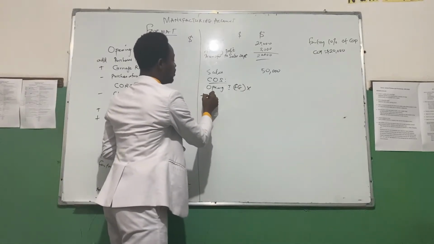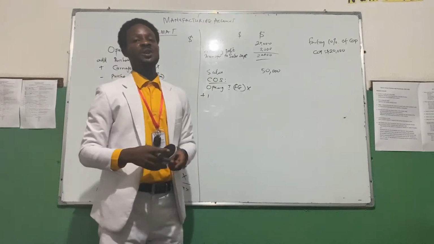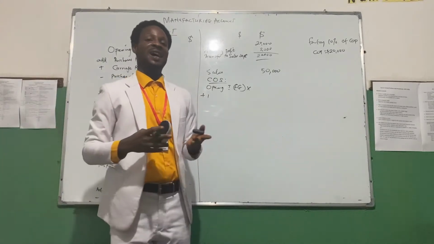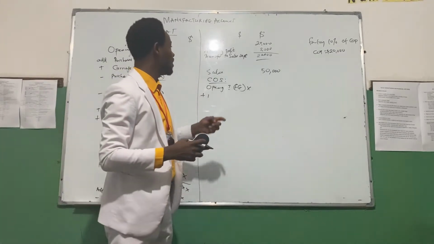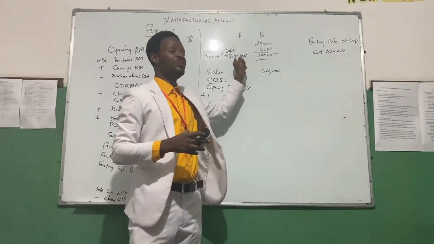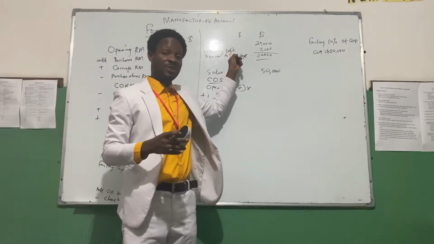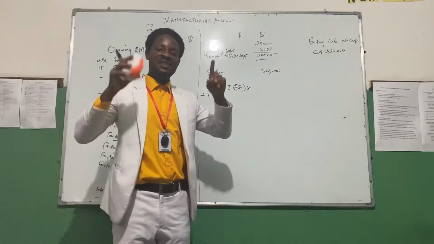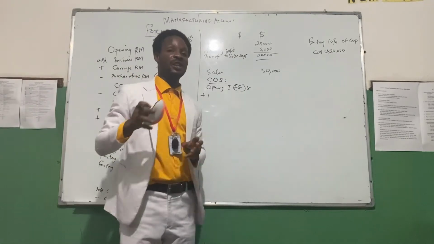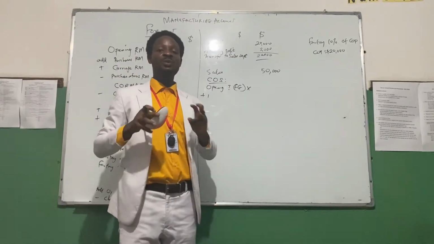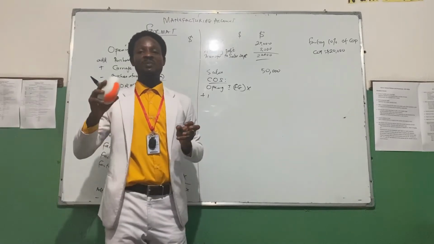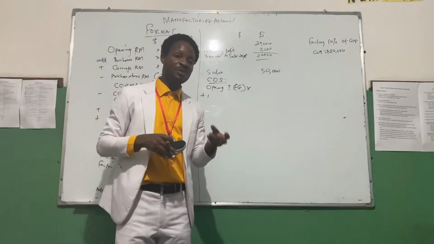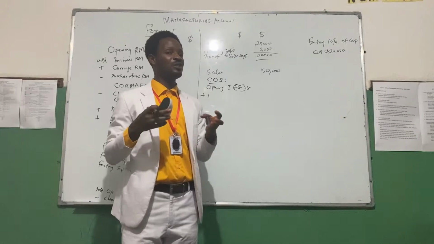Now, opening inventory of finished goods plus purchase of finished goods. Remember a few minutes earlier, I said technically the amount that is transferred from the factory department is your purchase value. In a normal instance, a manufacturing business does not buy finished goods.